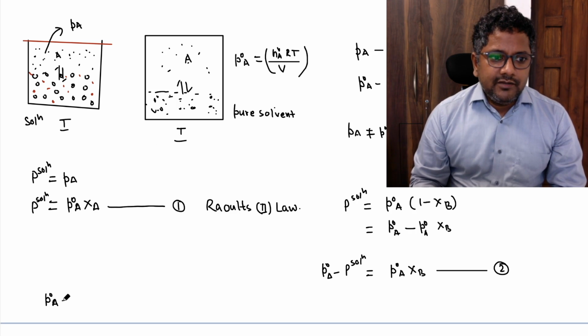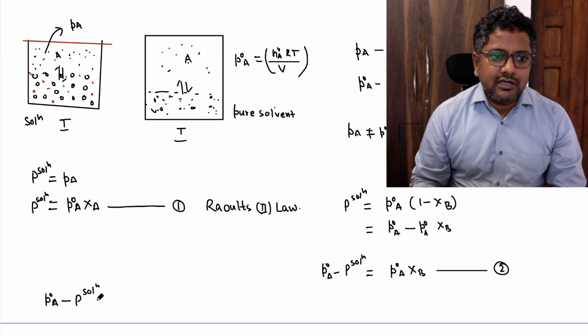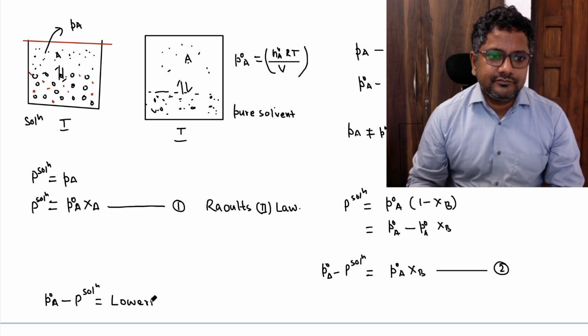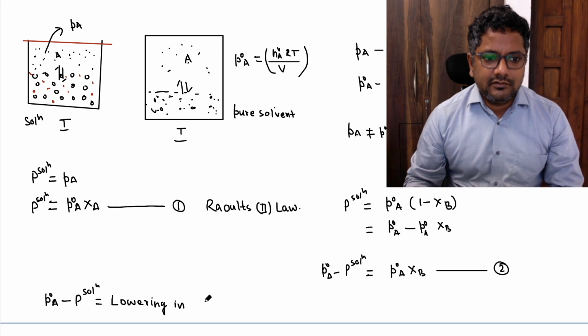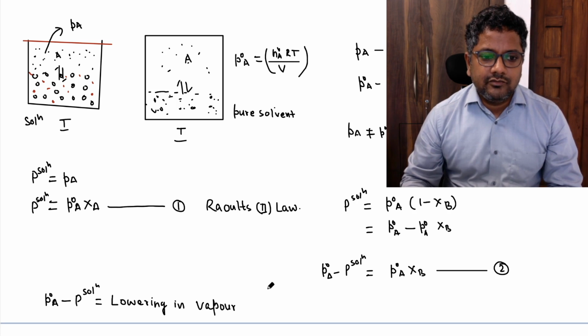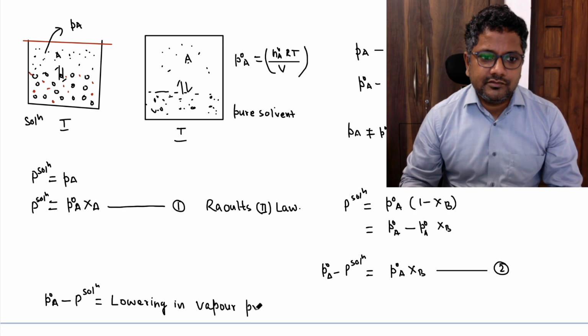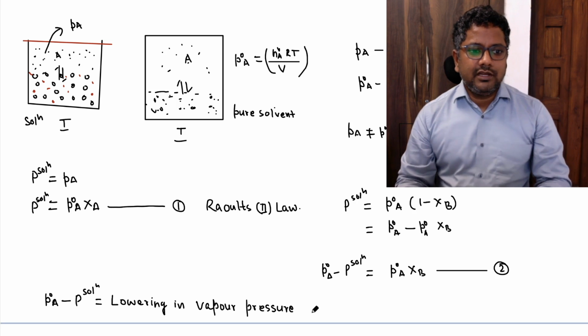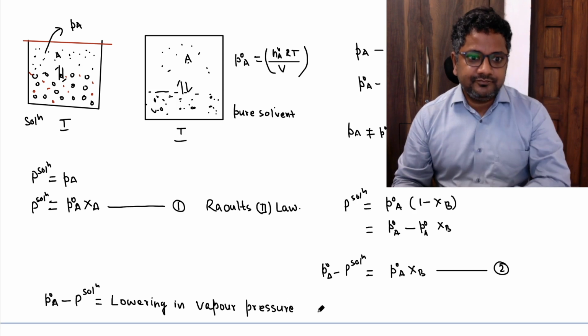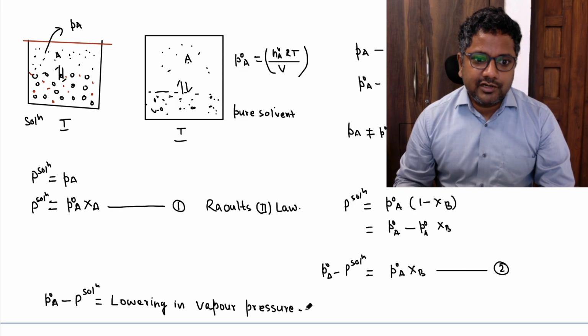P naught A minus P solution is known as lowering in vapor pressure. Lowering in vapor pressure, right? This is a very important term for you.